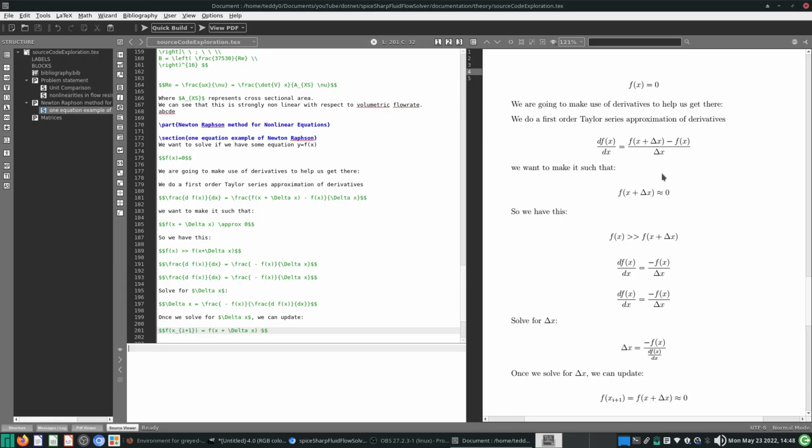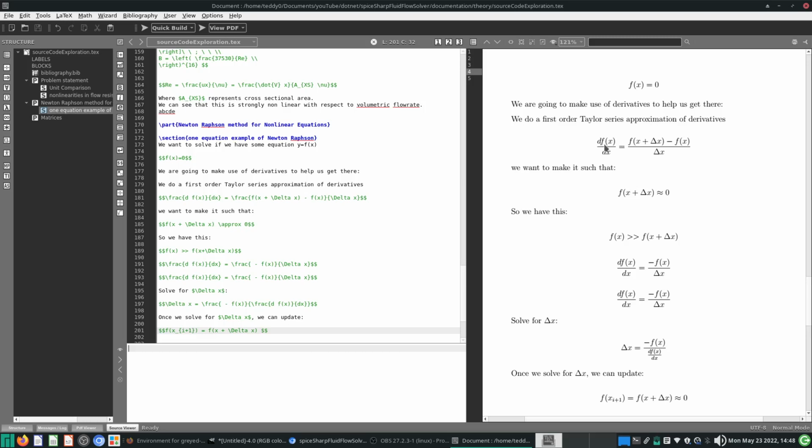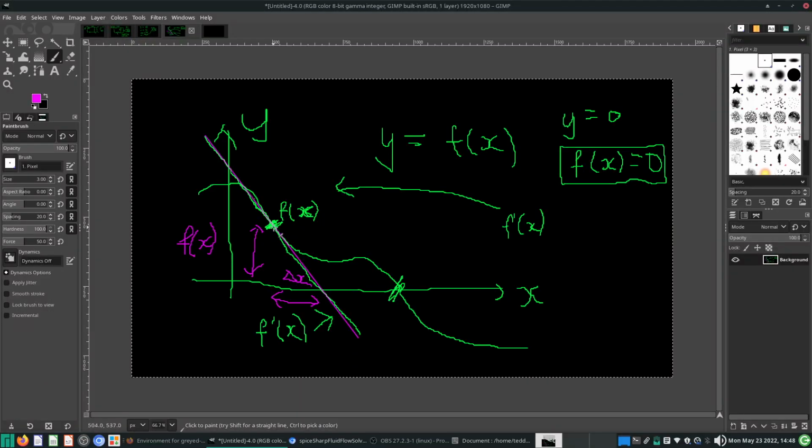All right, and what we are saying here, you look at this. This is f(x), this whole thing here is f of x. So this is what this equation here is saying: df(x)/dx equals minus f(x) over delta x. So this is the initial point, this is the final point, and this is the delta x right here.